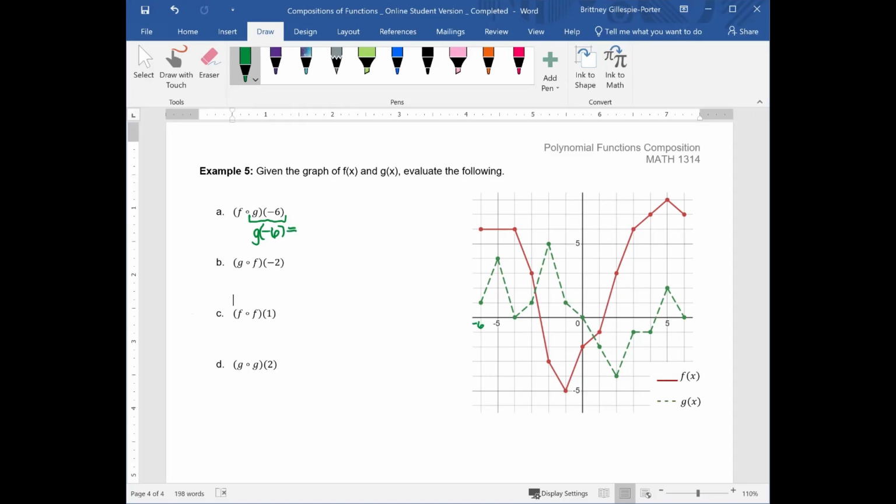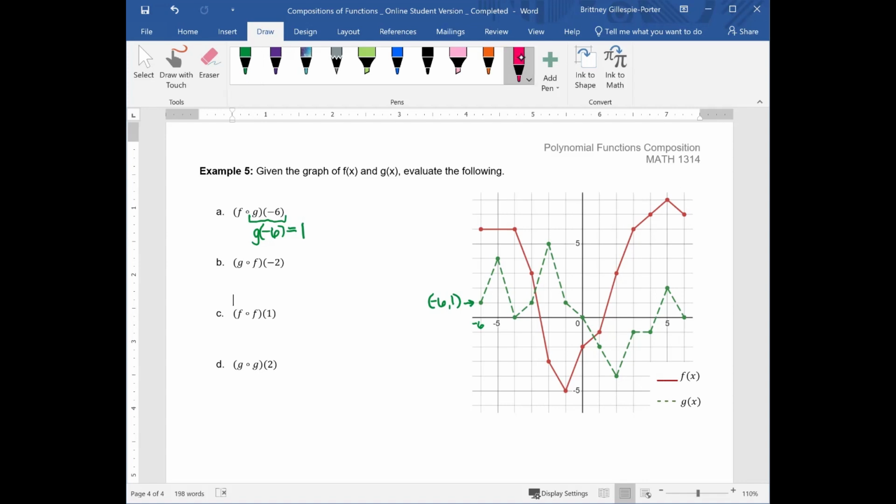We need to find where x is -6. We find the ordered pair is (-6, 1). And we're using the green line because we needed g. If we needed the red line for f. And we find out that y is 1.